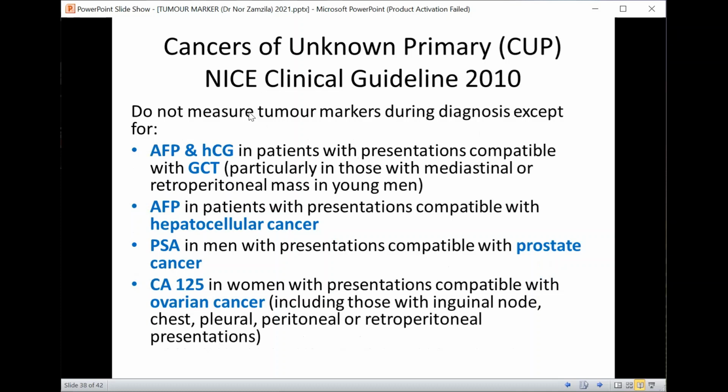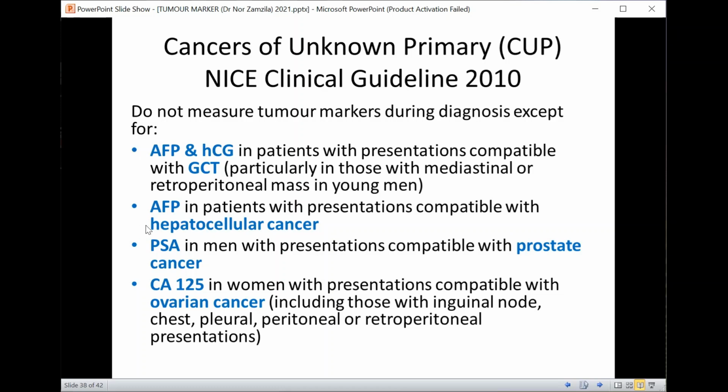Do not measure tumor markers during diagnosis except for AFP and beta HCG in patients with presentation compatible with germ cell tumor, particularly in those with mediastinal or retroperitoneal mass in young men.